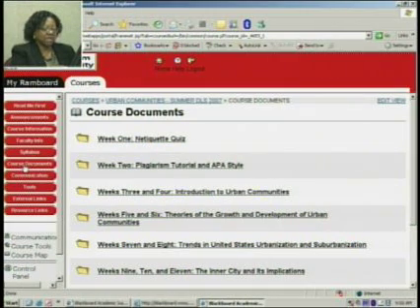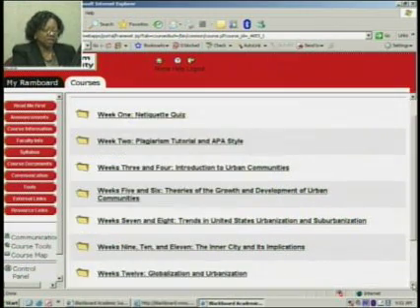The second week you will take the plagiarism tour on the Turnitin site, and you'll have an article there to read that juxtaposes an article and then a plagiarized article, and then there are suggestions about changing the article so that it's not plagiarized. So you'll find that very beneficial.